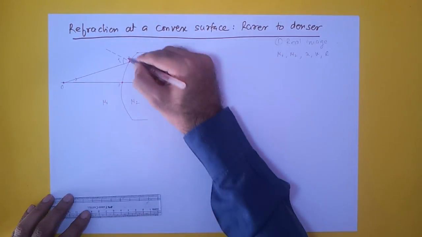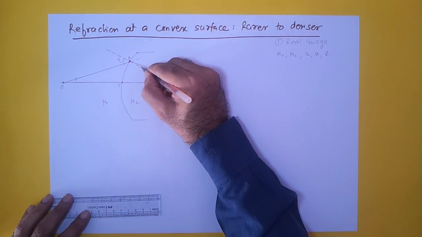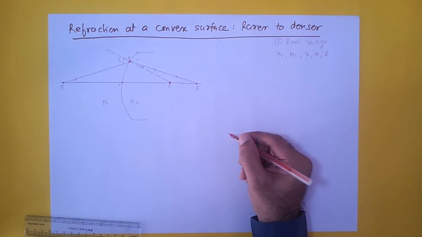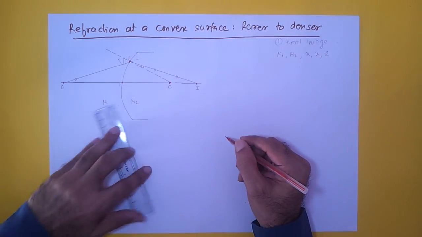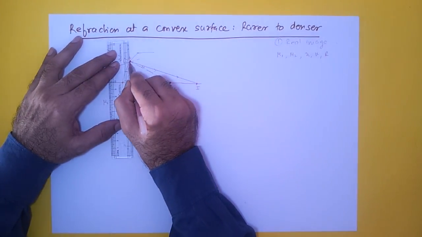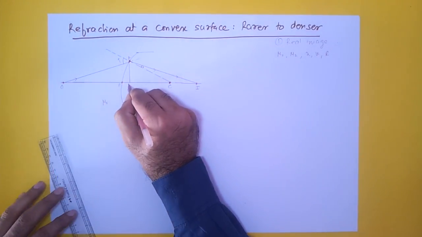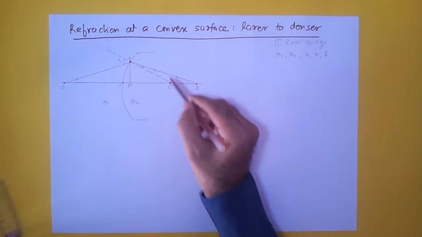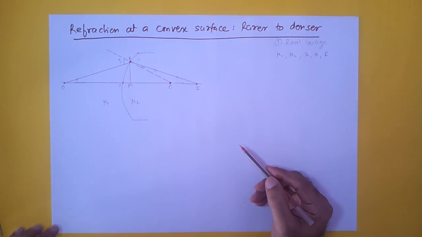If this is the refracted ray and this is the normal, this will represent r, which is the angle of refraction. Okay. Now let me drop a perpendicular from here, and let us call this point M. So we have angle of incidence and we have angle of refraction. Let us identify a few more angles.